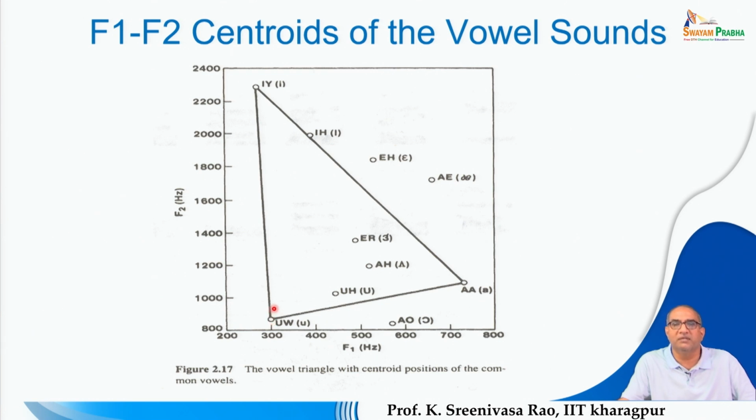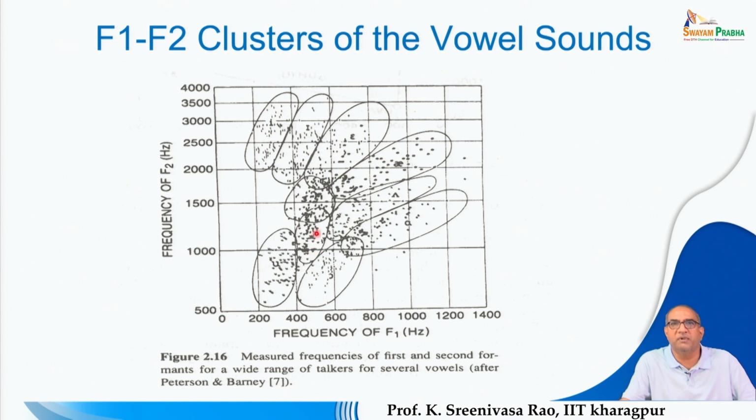In the previous slide, if you look here, the points are spread over this plane, and we know that the points in this region correspond to vowel U, and the points in this region correspond to vowel E, and this is for the long E, A, and then various versions of the various vowels.